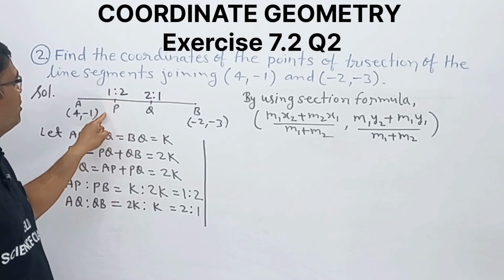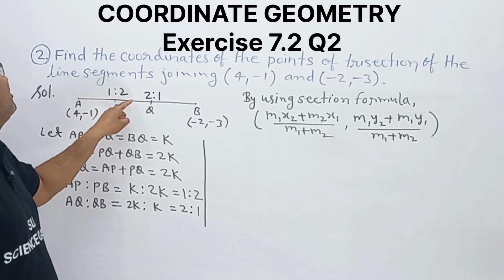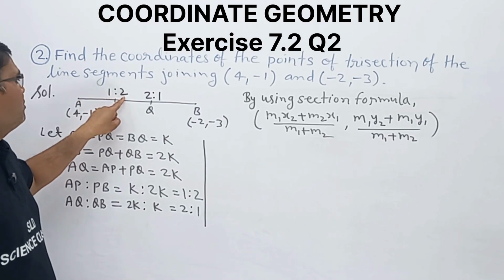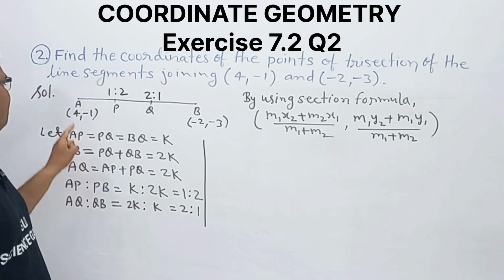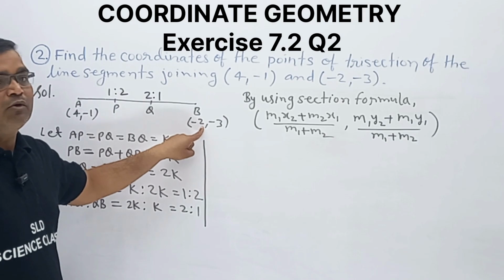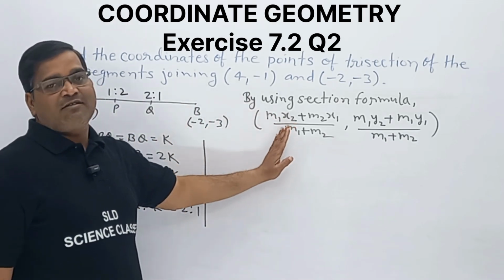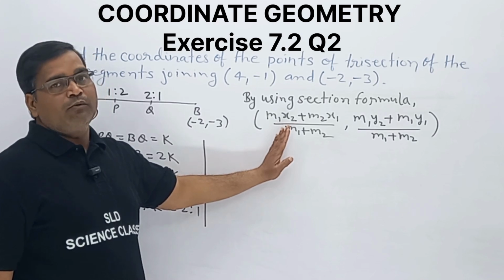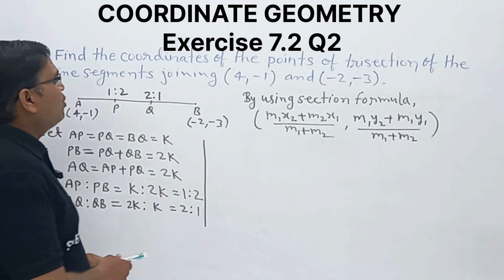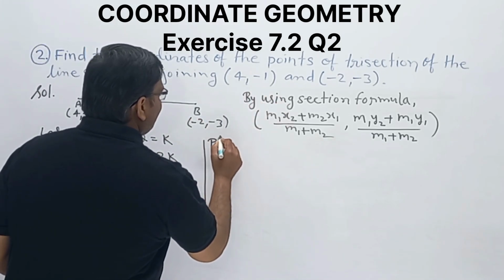To find the coordinates of P, the ratio is 1 is to 2, so the value of m1 will be 1 and the value of m2 will be 2. This one is considered as x1, y1 and this one as x2, y2. We put everything in this formula and solve to find the coordinates of P.